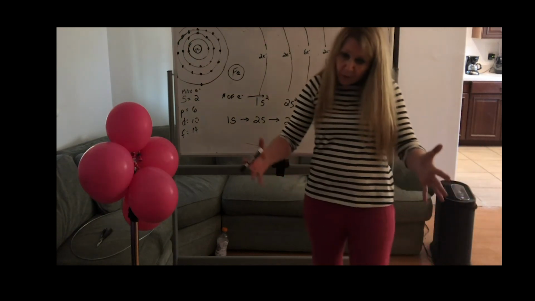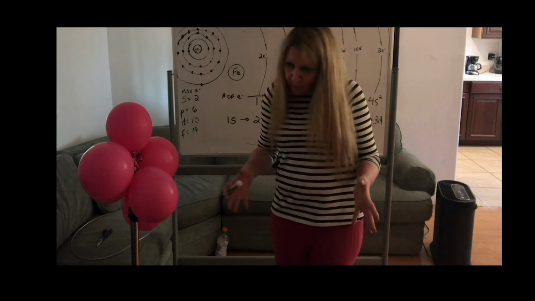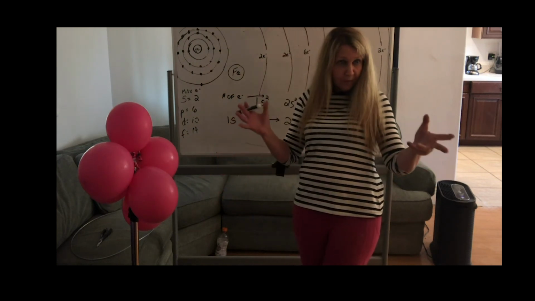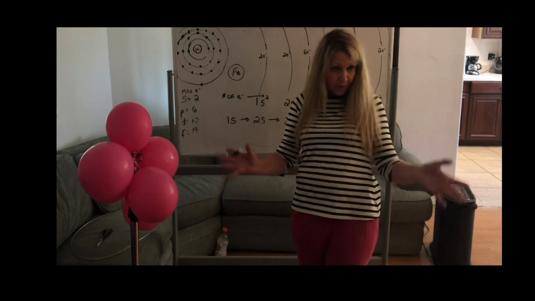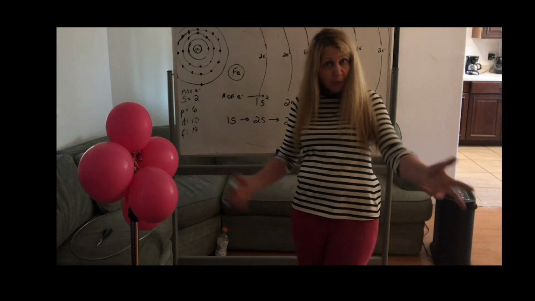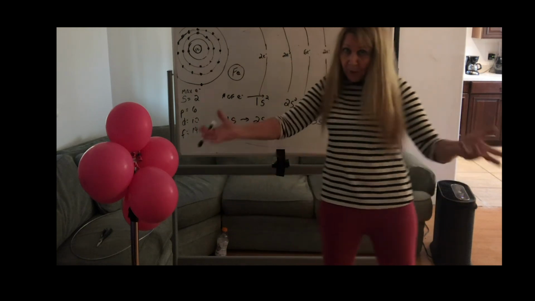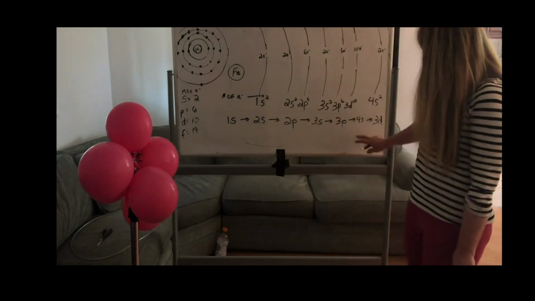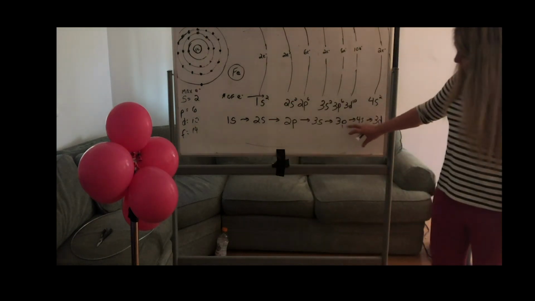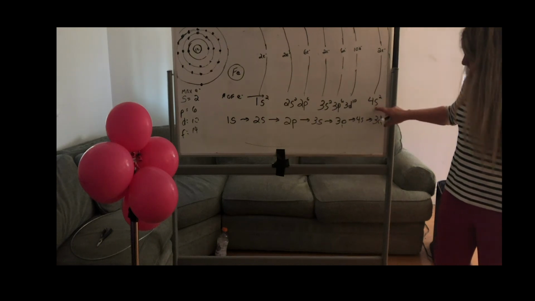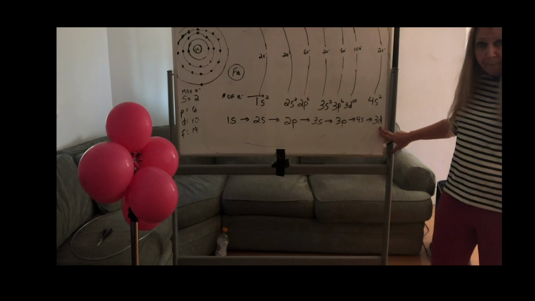If you're in a row and you're the only one in the row, but there's only 1 other seat, you still feel a little more comfortable than if there are 10 seats and you're the only one in the row, with 9 empty seats. You're really wondering what's wrong with this ride. If it's just 1 other empty seat in the row, it's not as bad. But that is the order in which they fill. So after the 4s fills up, then you go to 3d. And the 3d has 10 electrons.